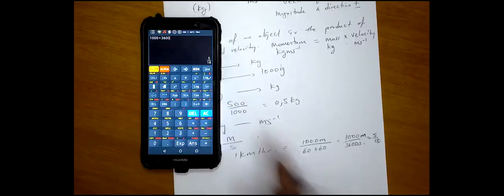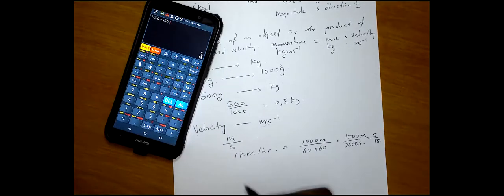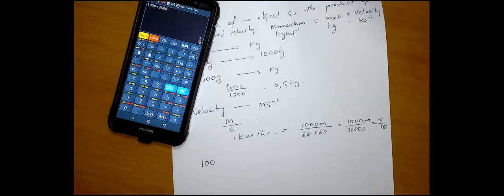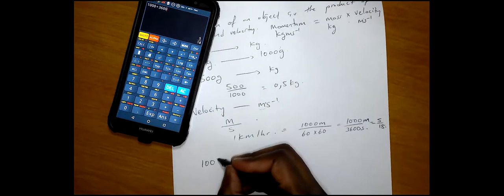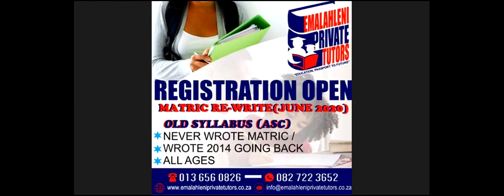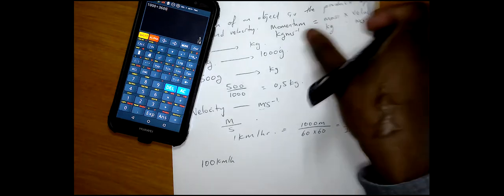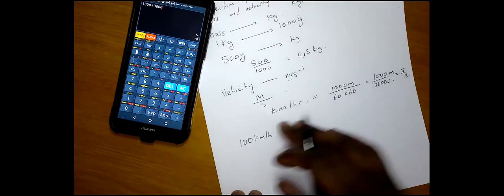Let's have an example. Let's say you're given 100 kilometers per hour. What must you do when you are given 100 kilometers per hour?